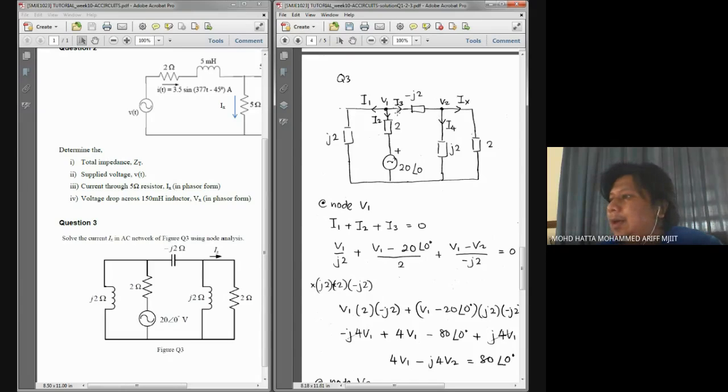All right. Now I've assigned the current direction, and now I assess the KCL, current coming in and current flowing out of the node.